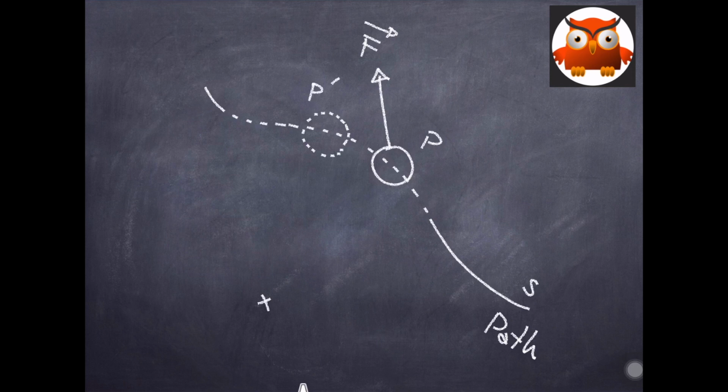So we have here, let's say, the origin of my reference. So from the origin we have the position of the particle when it is at position P, let's call it R, and the new position R prime defines the position of the particle when it is at position P prime.